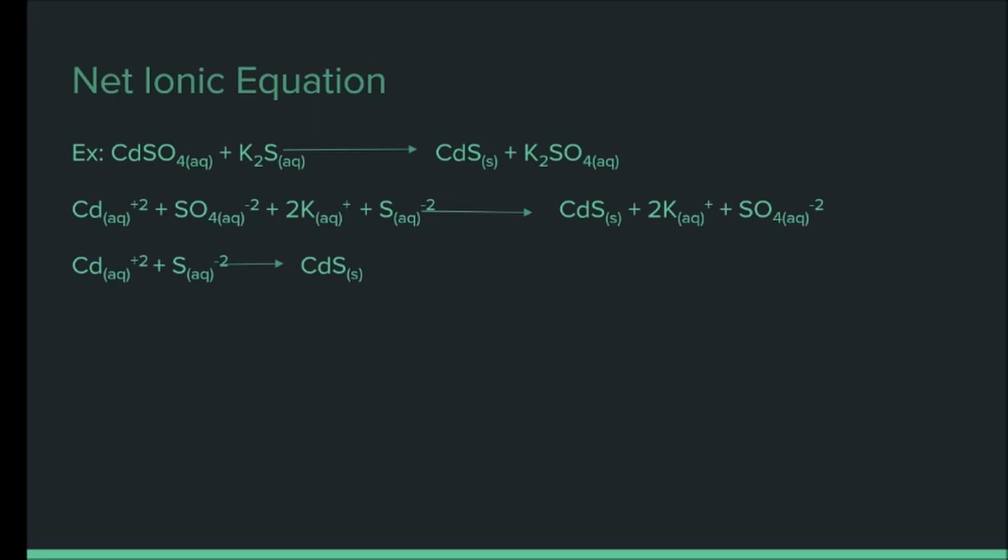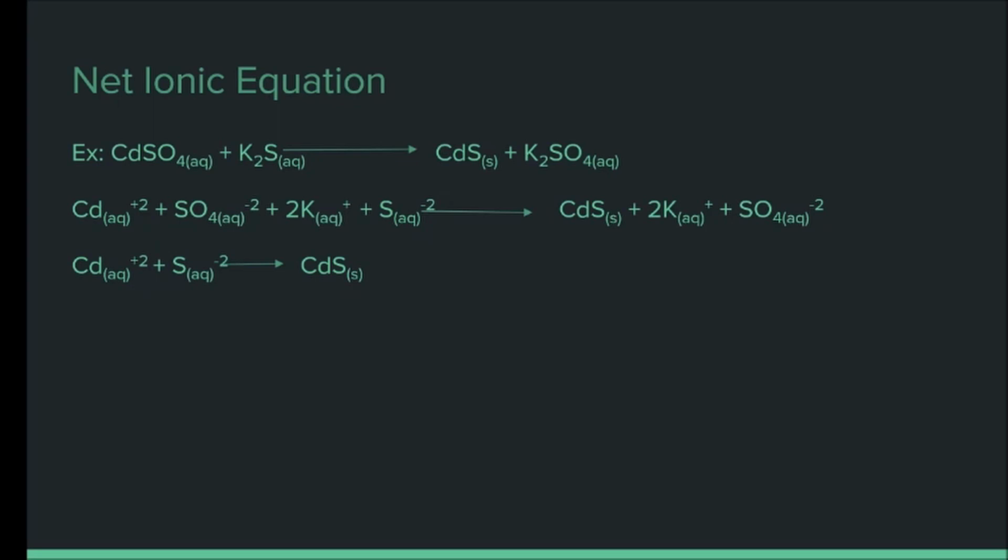So if you wanted to do a net ionic equation, you just write out everything that's aqueous as its own ion, because that's really what it is. It's dissolved, and it's not really bound together, even though it technically is written that way. Except on the product side, the cadmium sulfide is written together because it's solid. It's not aqueous. It's not dissolved.